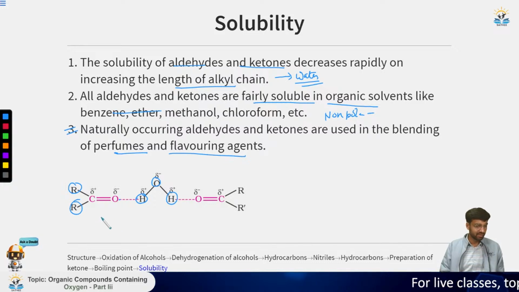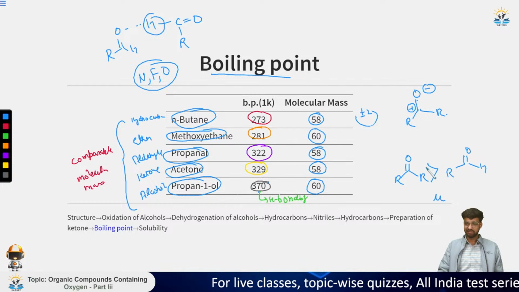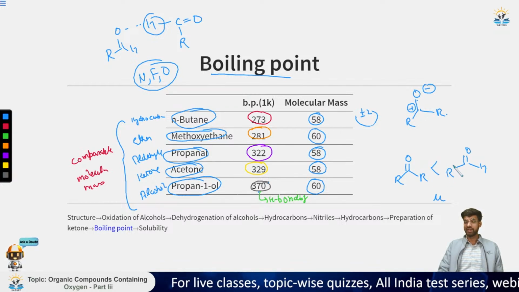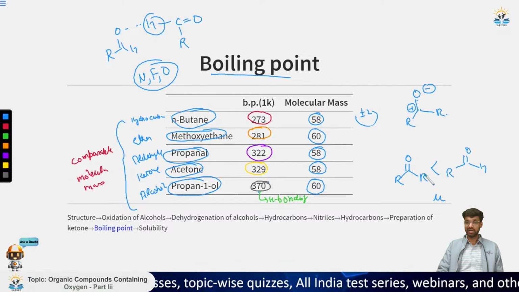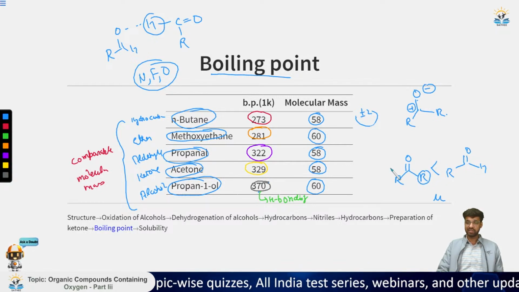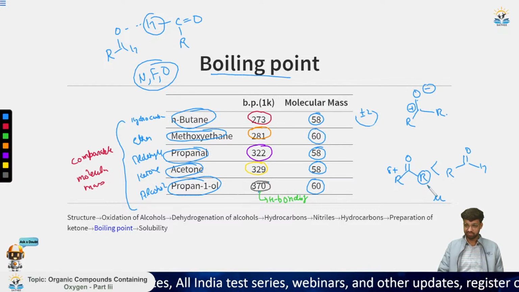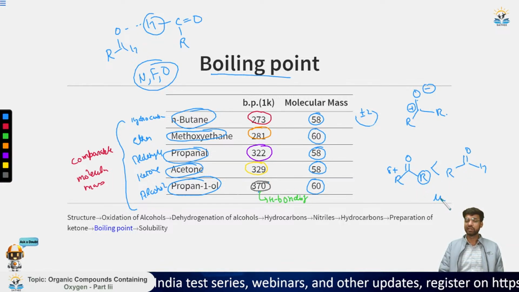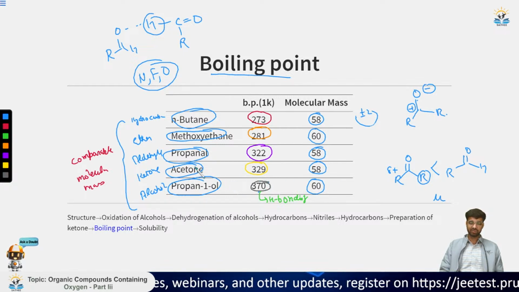Now one thing I want to mention here is that this difference in solubility is not due to the higher polarity of propanal or acetone, because aldehyde, sorry for this confusion, aldehyde has greater polarity, because this R is somewhat neutralizing the delta positive charge by plus I effect. So of course the aldehyde will have the greater polarity. Now why is there this change? The reason is very simple.